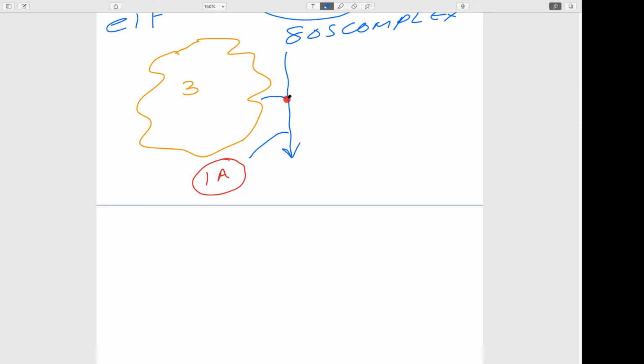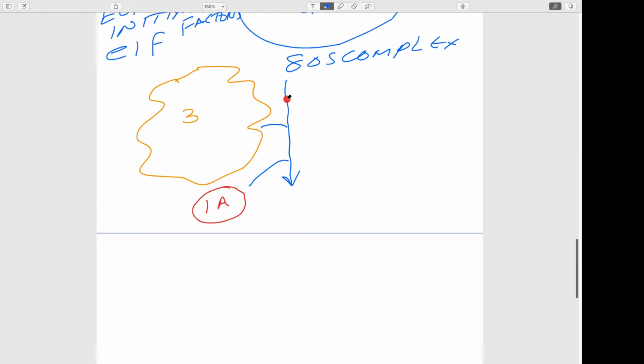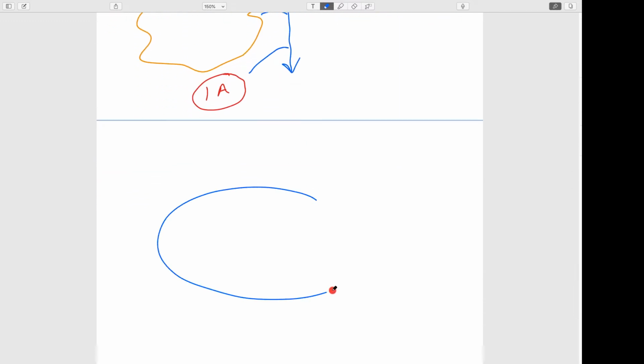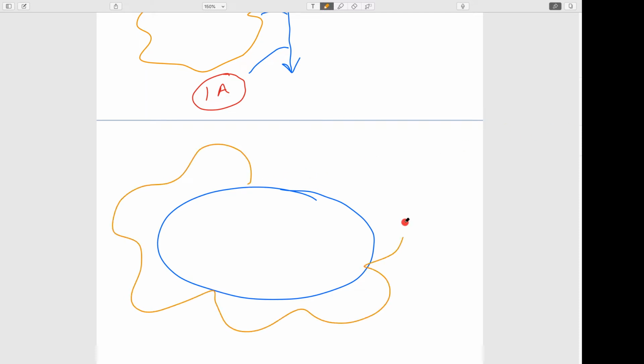This is what is happening in the first step, or the starting of the first step, leading to the formation of the 40S complex. The factor 3 is as large as the 40S. Then also the binding of 1A is taking place.